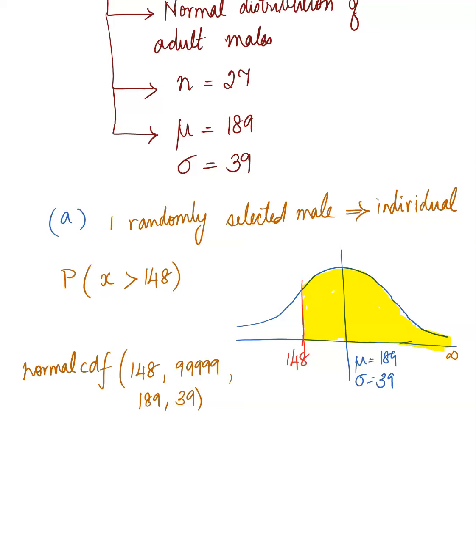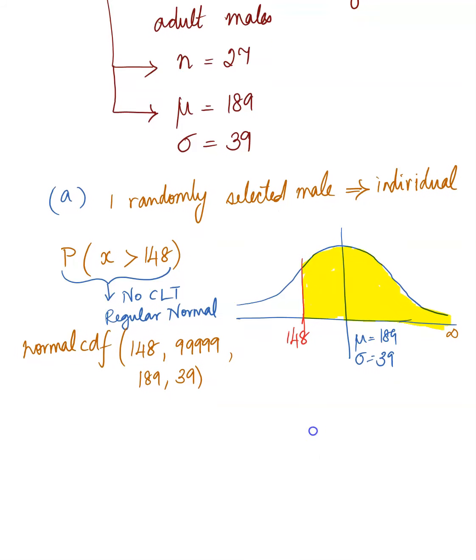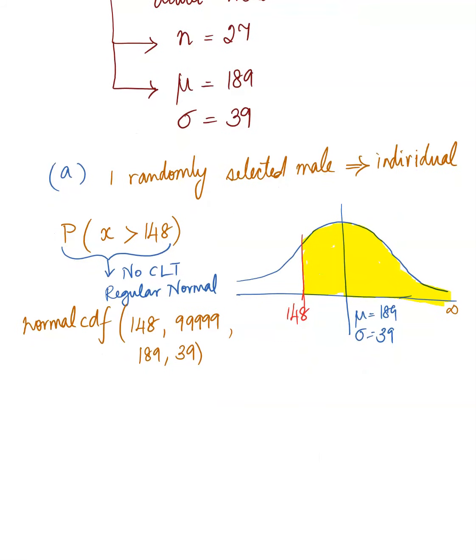Okay, so then let me just make that super clear here. So this is an individual, so no CLT, regular normal distribution. When I say regular normal distribution, we're simply keeping the mu and the sigma as it is. We don't do the sigma over root n. Now go ahead, punch these values in your calculator and see what you get.